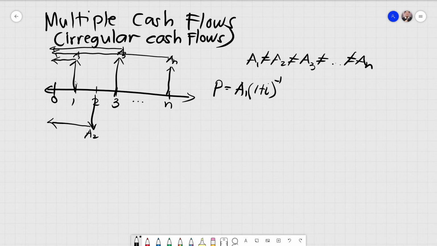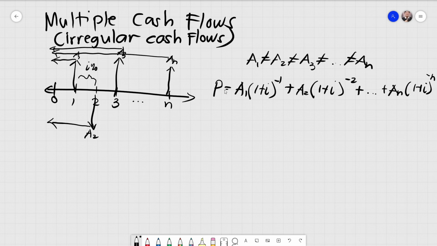By the way, hindi nabanggit kanina, our interest rate here is I% and N periods. Okay. Plus A sub 2 times 1 plus I raised to negative 2 plus up until A sub n times 1 plus I raised to negative n.